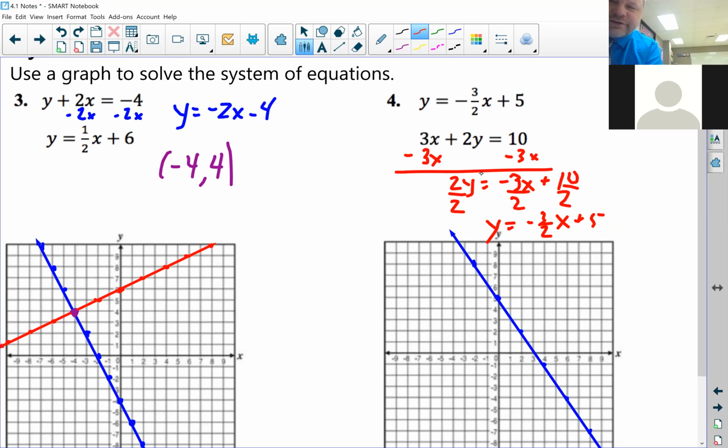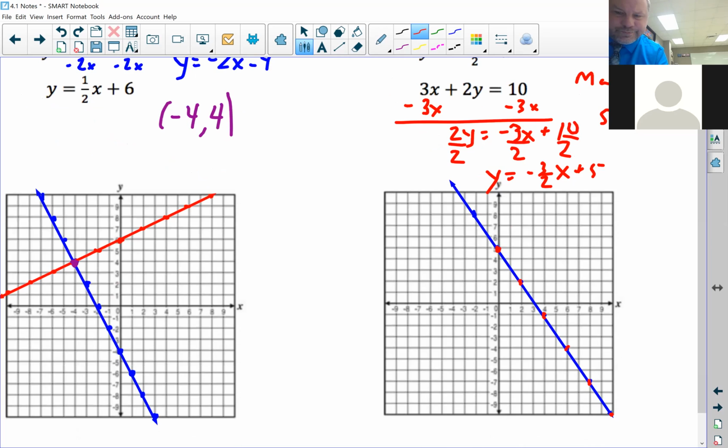And when that happens, we get infinitely many solutions. And I can certainly go through and put the points in, and draw in my line.